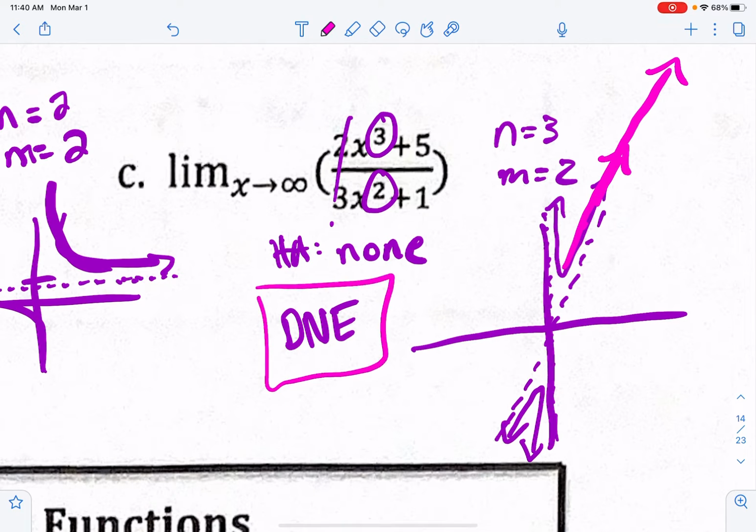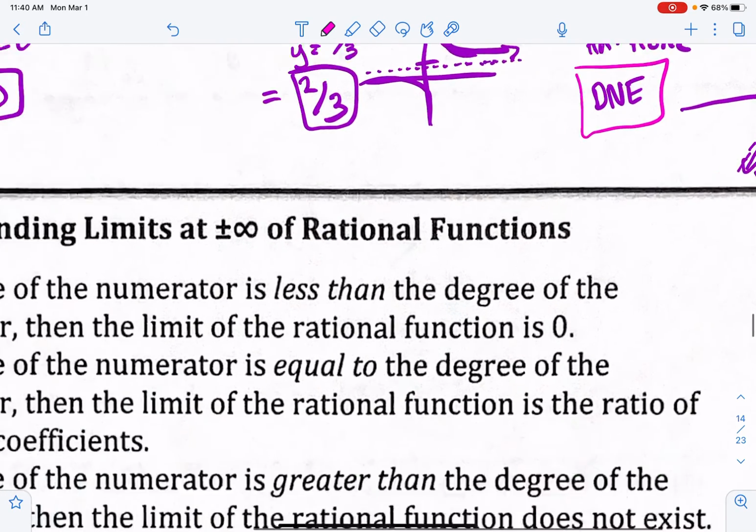That's why the limit does not exist. So technically, the limit is infinity because it's approaching an infinite value. As x goes to the right, it's approaching an infinite value up. But since infinity is not a physical number, the limit does not exist. So that's how we tackle those, okay?